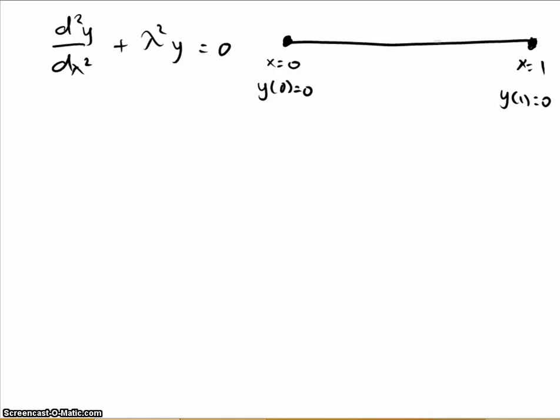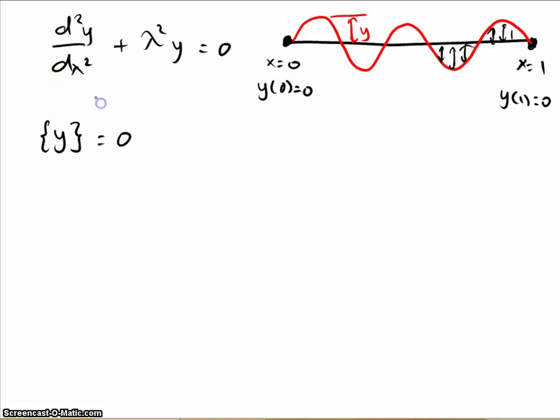Because we have fixed these two points, they cannot move. So what is y? y is the vibration amplitude of your string. If your string is vibrating this way, then this here is your y, which can be a function of x, and it defines the amplitude of your vibration. If you look at this system, a trivial solution would be y = 0.